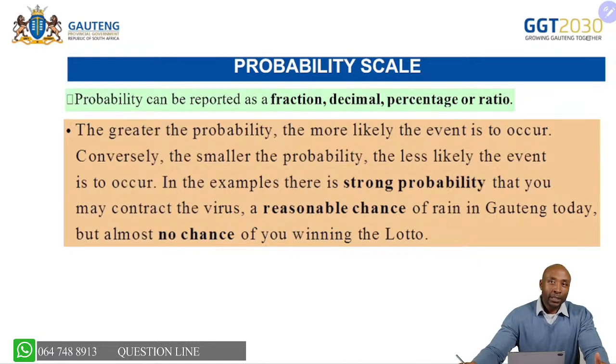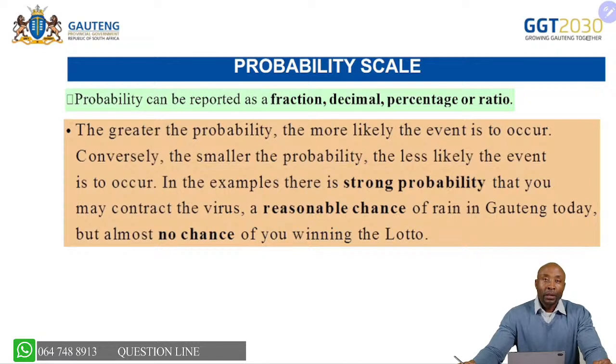In some instances, we are given statements where we are supposed to use the probability scale to predict or estimate or make a conclusion about a particular statement. If the statement is true, we can say the probability is 1. If the statement is not true, the probability is 0.